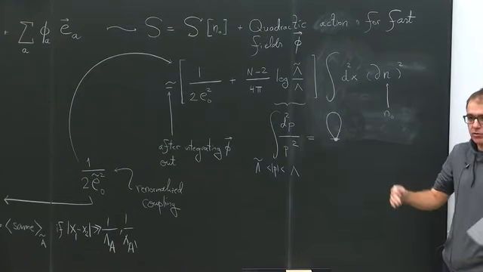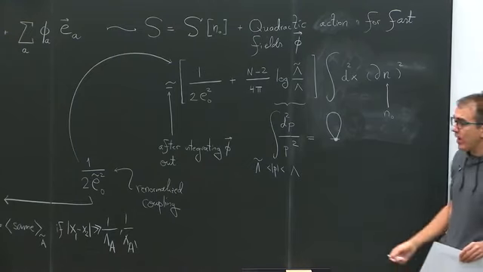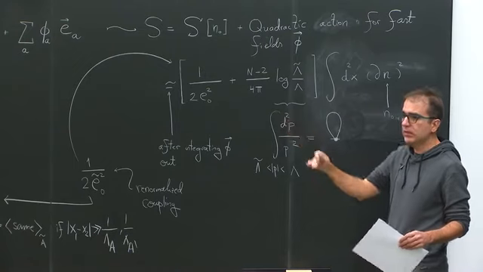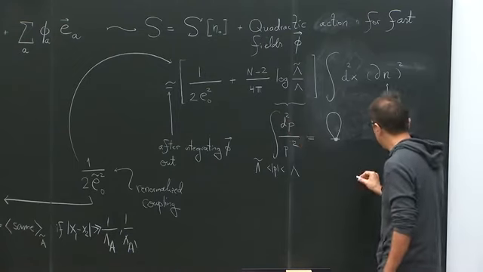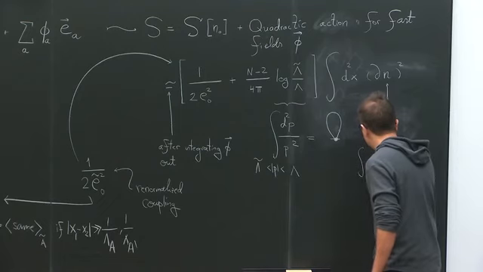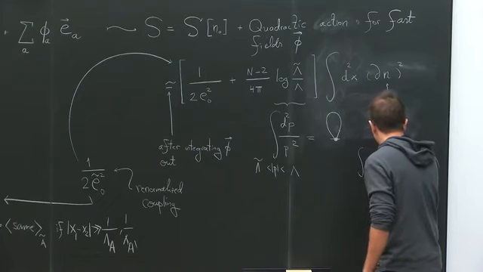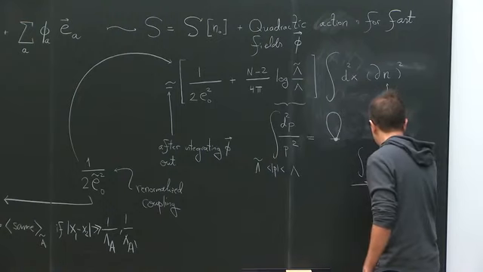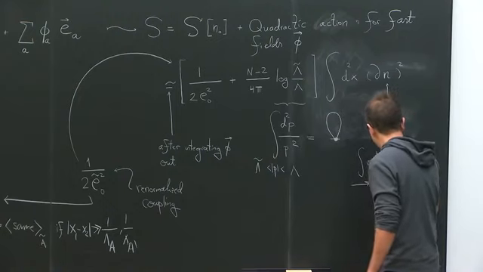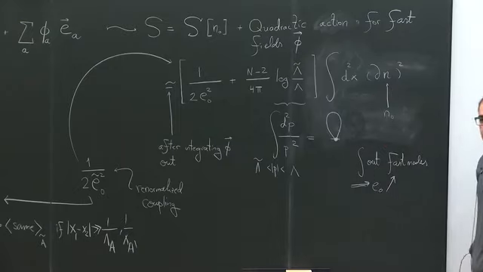So it increases as I go to low energy. So as I'm integrating stuff out, the coupling is increasing. Right? So again, integrating out fast modes led to the coupling increasing.